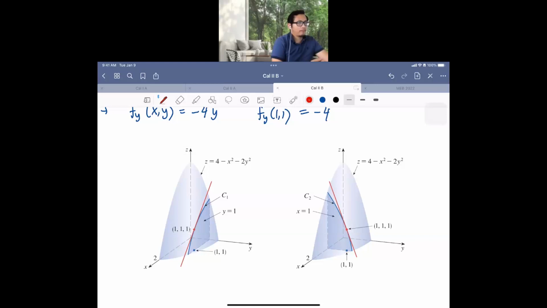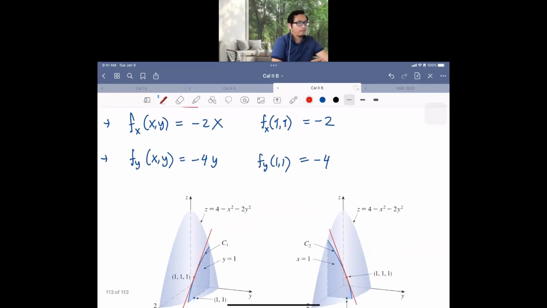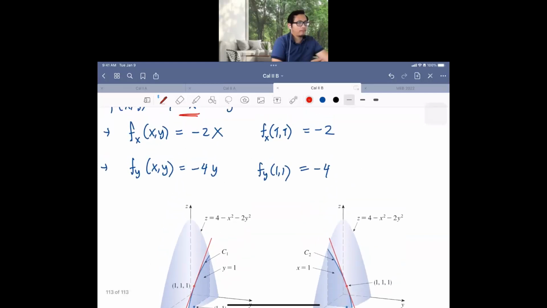So what does this unit mean? It means that minus means it will be decreased. So it means that z decreased 2 units.